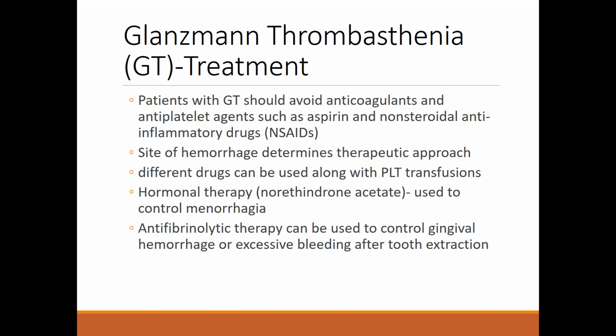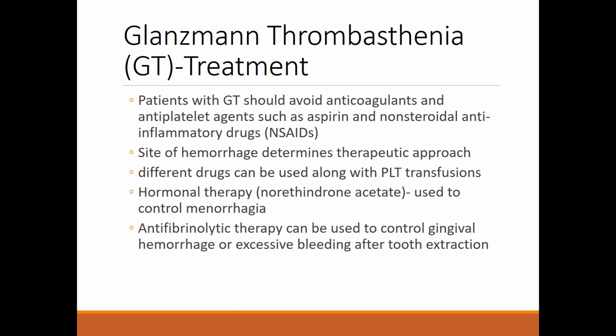But the way that they will approach this is by looking at the site of hemorrhage. Where is the patient bleeding from? Where is the major issue here for the patient, right? Because we said that all types of bleeding have been reported for these kinds of patients. So they will look at where it is happening from, beside giving them platelet transfusions. So the site determines the therapeutic approach.